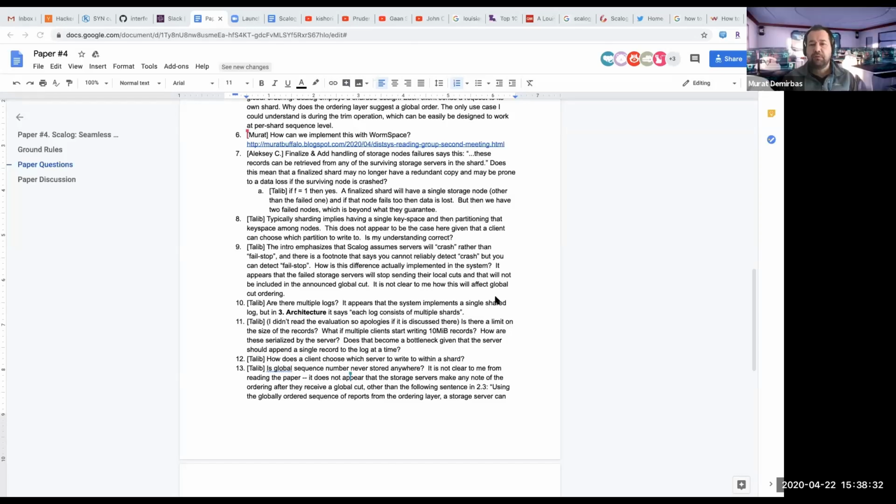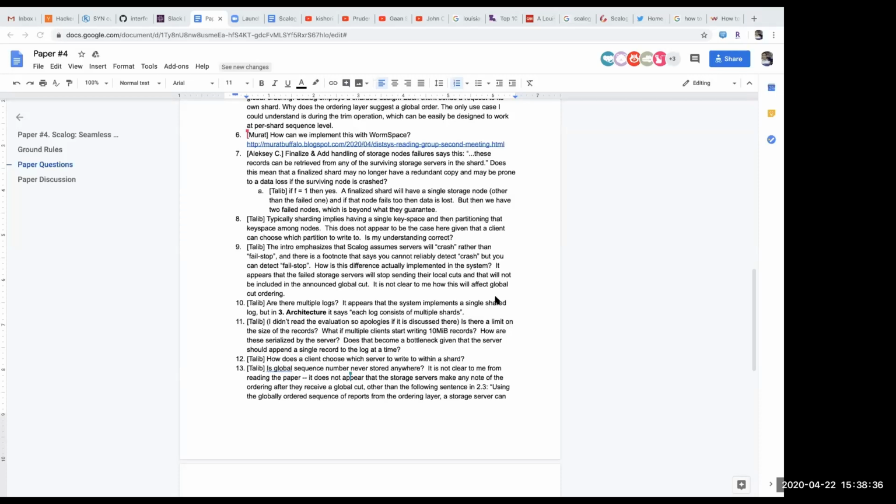If you have multi-threaded execution in the shard, I guess it could be done. You can have multiple threads doing this, and it's a common batching technique. I think I'm missing something. No, I think you're right.